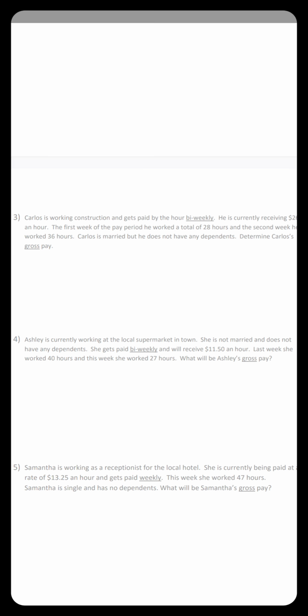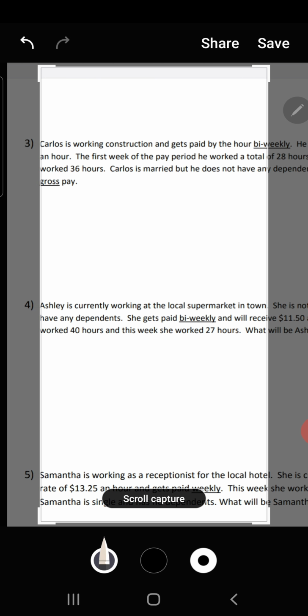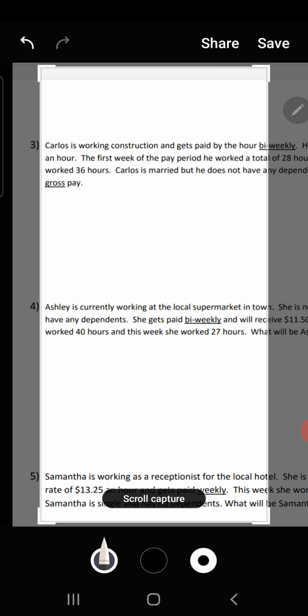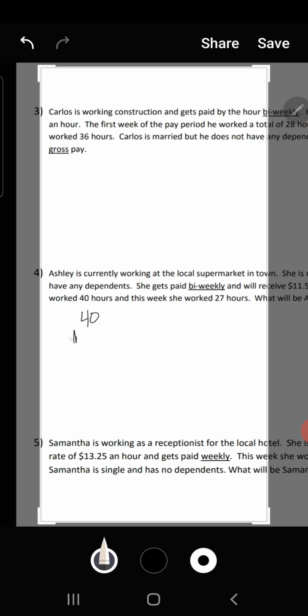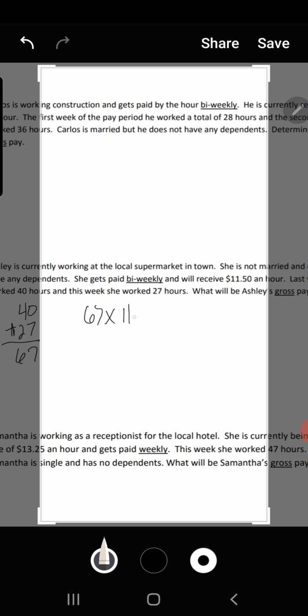All right, let me get this up. Okay, so we see that she worked 40 hours one week and 27 the next. Like I said, since it's bi-weekly, we are taking 2 weeks. So 40 plus 27, and we get 67 total hours that she worked. To find our gross pay, we're going to take the number of hours times our pay rate of $11.50.